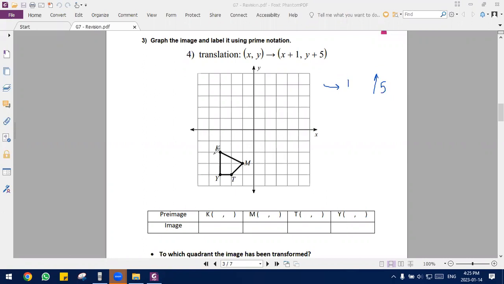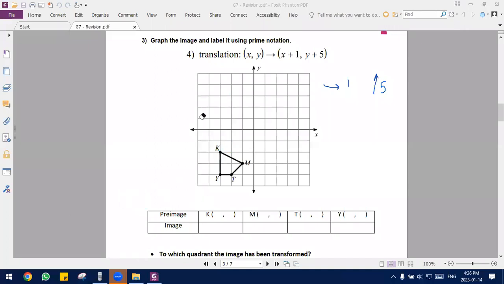You can now just go and draw it: this is one step to the right, and then 1, 2, 3, 4, 5 up, and draw it. Or you can fill the table and then draw it, okay? For me, I would like to finish the table first, because I would like to use the mapping notation.